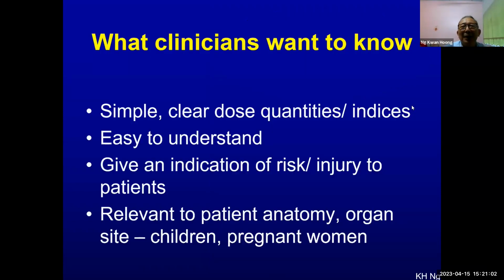So what the clinicians want to know is a simple, clear dose quantity or dose index, easy to understand, giving an indication of risk of injury to patients if they're concerned about that, or relevant to the patient anatomy, the organ type, and also special cases, young children, pregnant women.